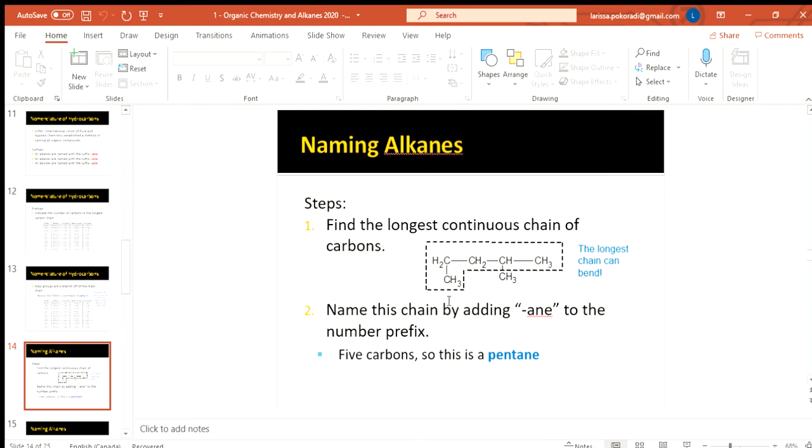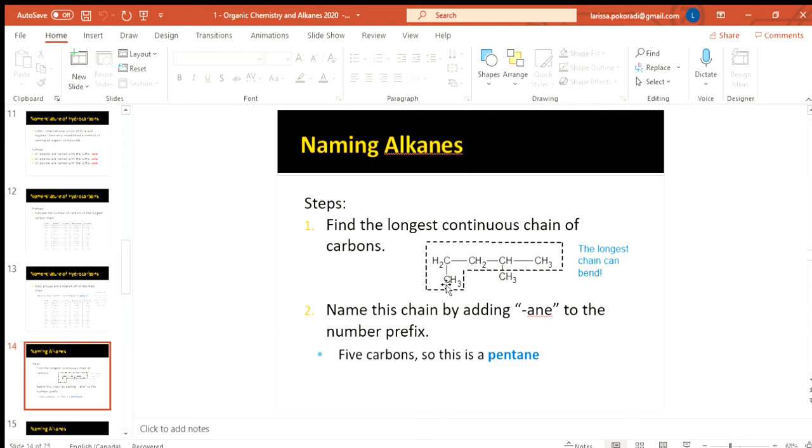So the way to think about it would be if I had a highlighter and I wanted to highlight without going back on myself to make it continuous. So if I started here and I went to this carbon and I've got a choice, I can continue my chain and go down, or I can keep going left. I want to keep going left because I can make it longer. Keep going left, and without lifting my highlighter, I could still make it longer. That is our continuous main chain. So it can bend. The bendiness can sometimes make these really hard to name.